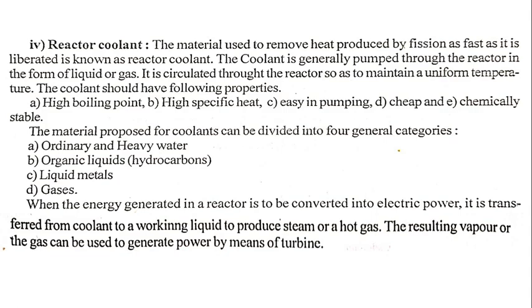When the energy generated in a reactor is to be converted into electric power, it is transferred from the coolant to a working liquid to produce steam or hot gas. The resulting vapor or gas can be used to generate power by means of a turbine.